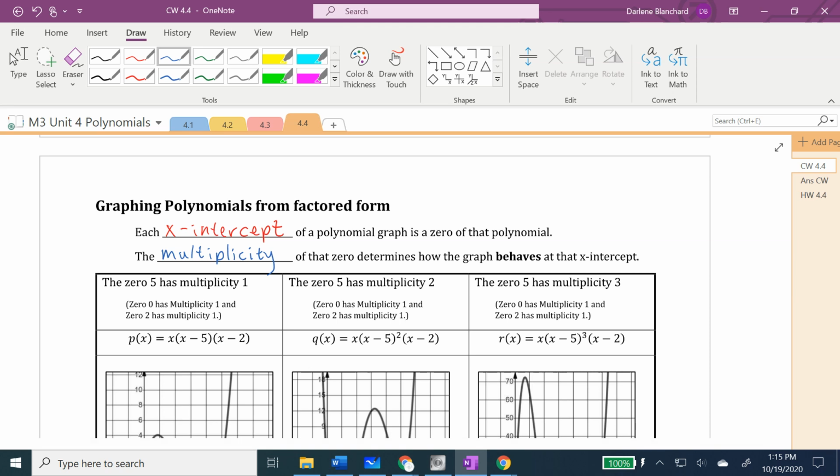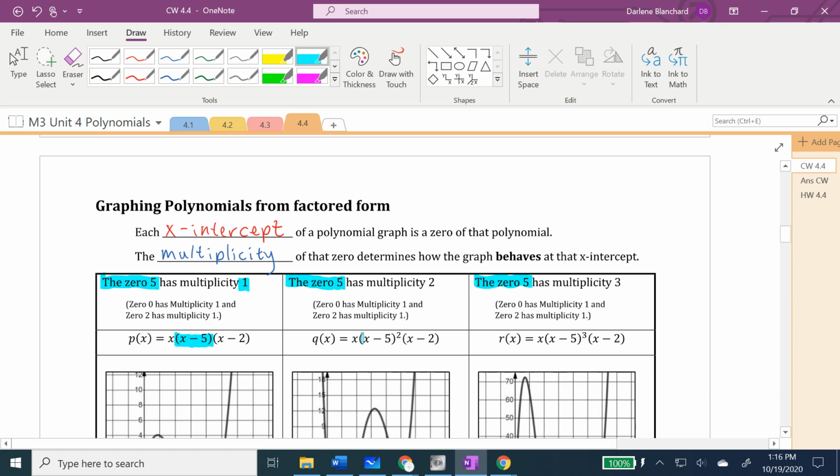And here we go. I have 3 polynomials written down. For all 3 of them, I am focusing on a particular 0. There are more zeros than just 5 on all of these polynomials, but I wanted to focus on just one of them. For the first, p of x, the 0, 5 has multiplicity 1.